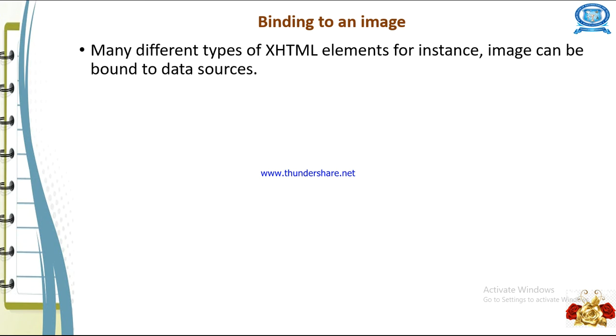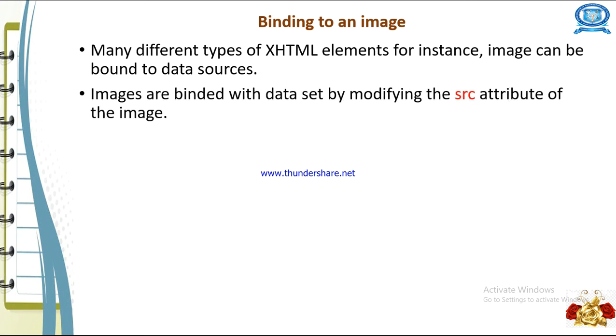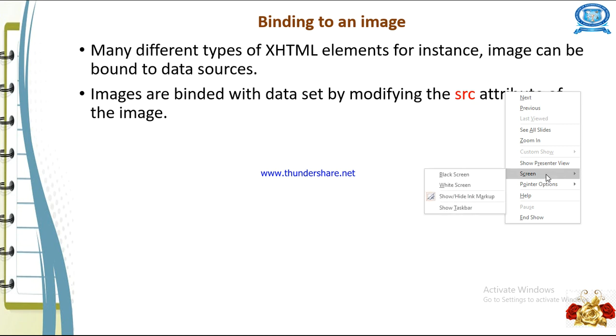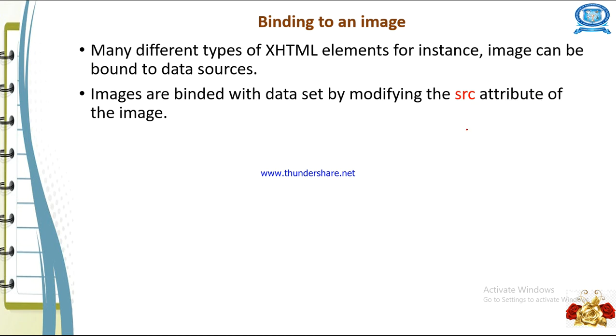For instance, an image can be bound to a data page. Images are bound with the data set by modifying the SRC. Already you have studied the concept of the SRC attribute of the image.